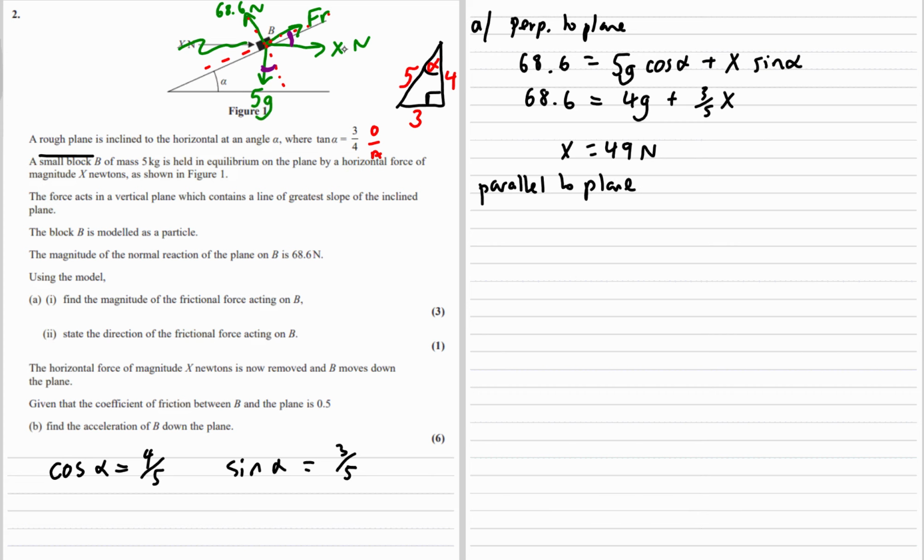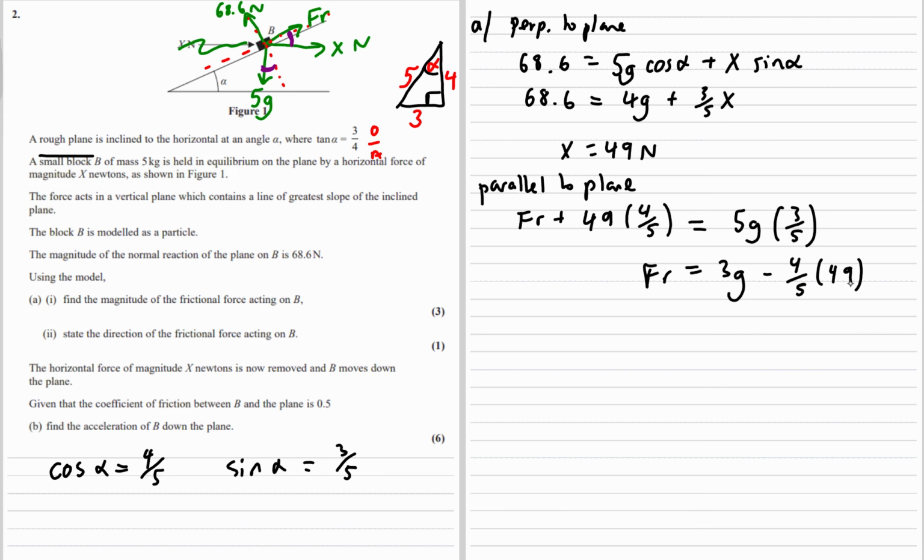So friction plus x cos alpha: x is 49, so 49 cos alpha, 4/5, is equal to 5g sine alpha, 5g times 3/5, which would be 3g. So friction is going to be 3g, take away 4/5 of 49.